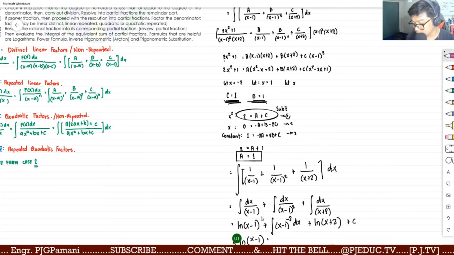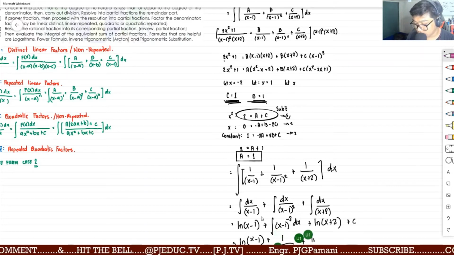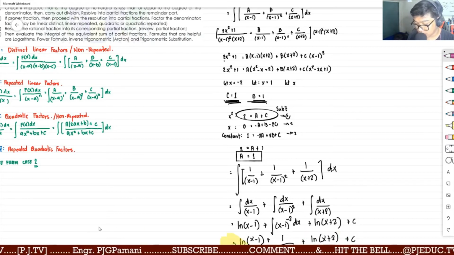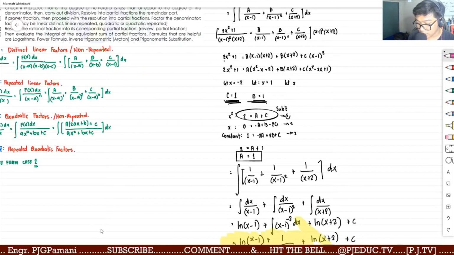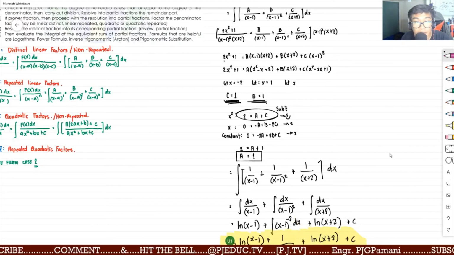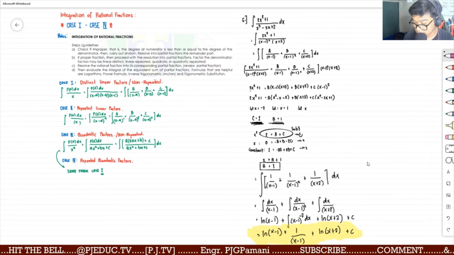So, that is simply 1 over x minus 1 plus ln x plus 2 plus c. So, yan na ngayon yung ating final answer for this problem. Okay?